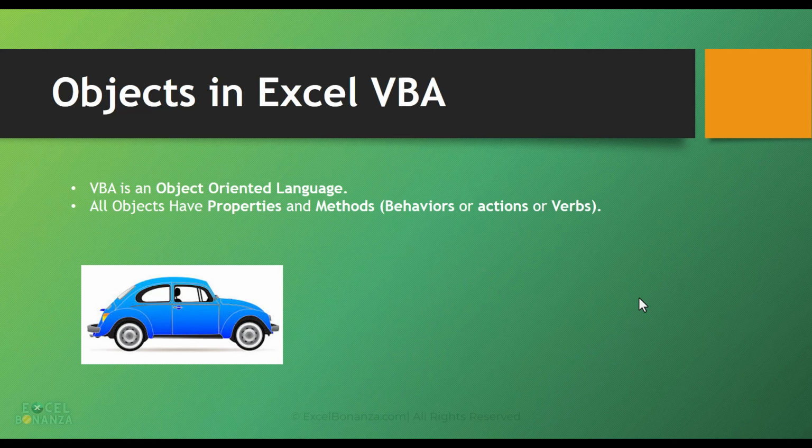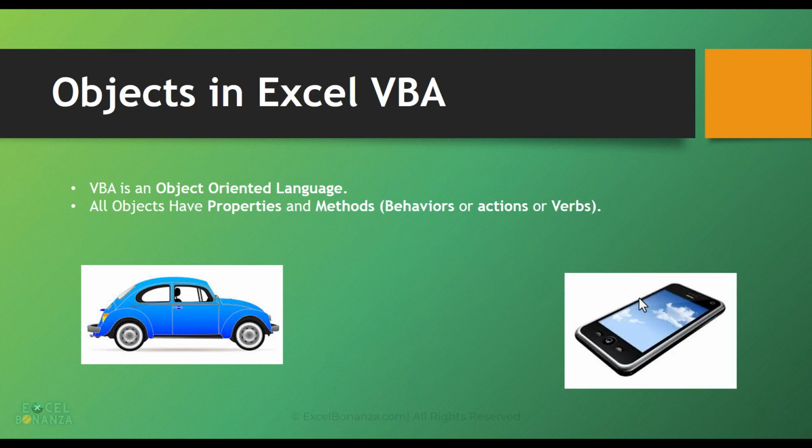Is it an SUV? Is it a van? The car's brand. So is it a Mercedes, a BMW, a Toyota? All these are properties. And the car has some methods as well. So moving, when the car moves from one place to another, that is a method. So any object, if you think about it, has properties and methods. And this is how Excel VBA works.